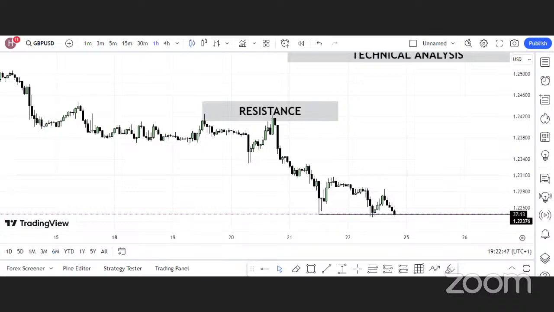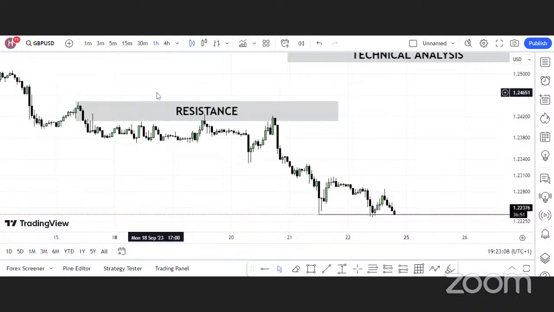Resistance occurs where an uptrend is expected to pause temporarily due to concentration of supply. So you see, the market paused here temporarily before continuing its trend. You remember I've said the market would pause when it touches a resistance or a support.